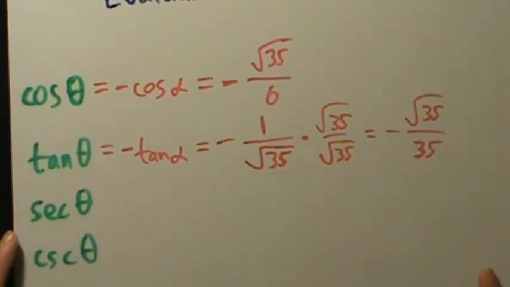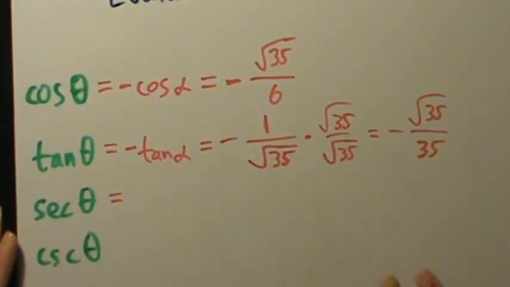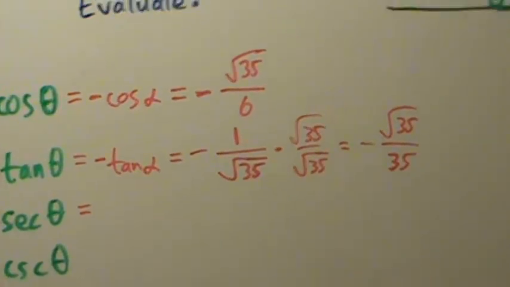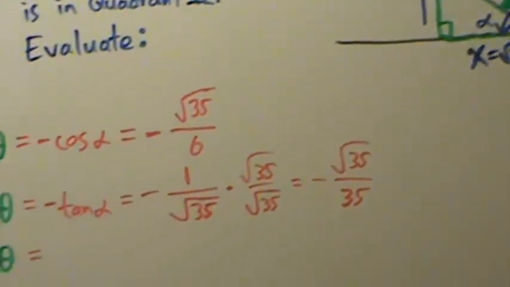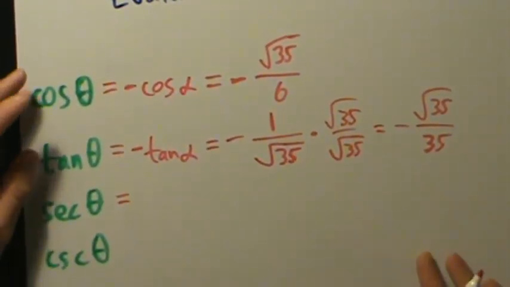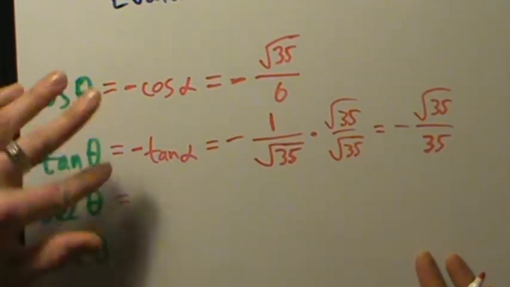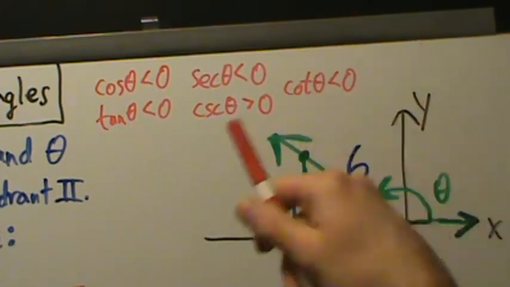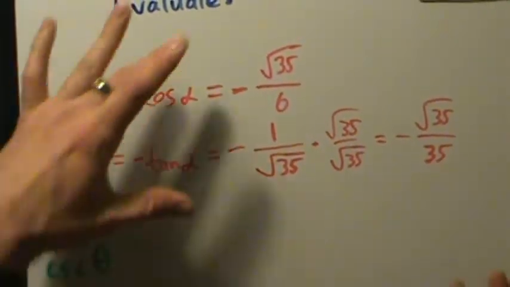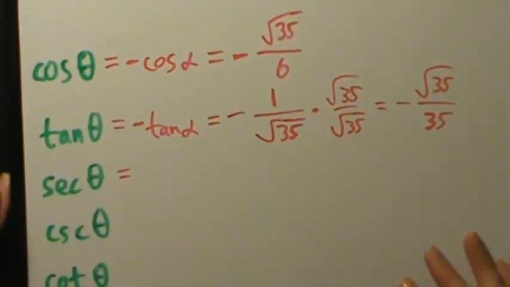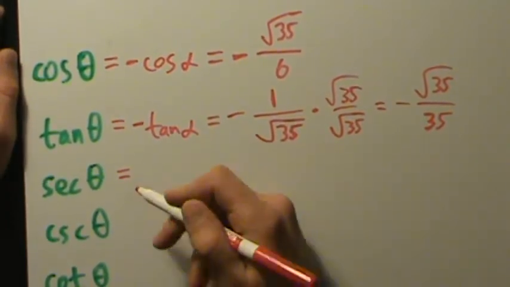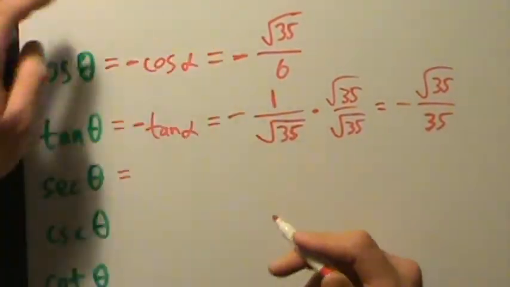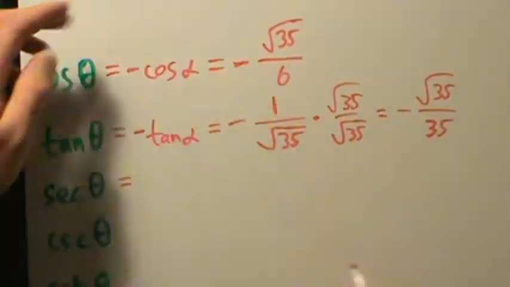All right, anyway, secant of theta. We can go back to the triangle, or we can just say, hey, I know the cosine, and the secant is just the reciprocal of the cosine. So now we don't even have to worry about the positive and negative stuff anymore. We can just take reciprocals. The secant of theta is the reciprocal of cosine. Cosine is this, so take a reciprocal.